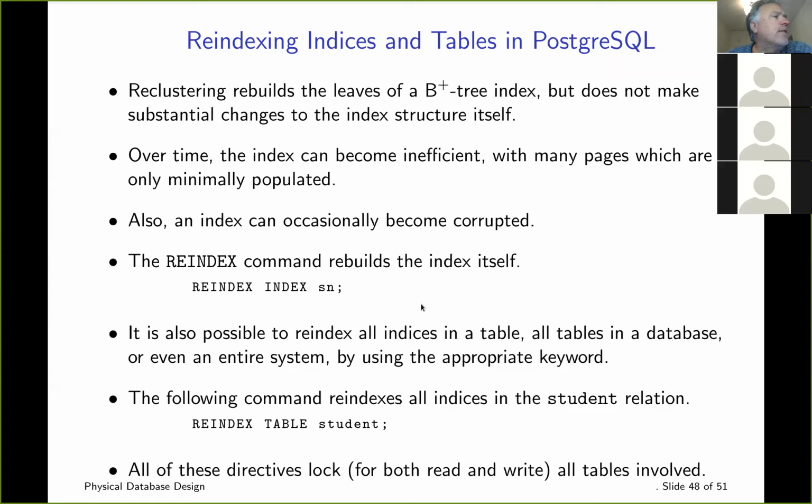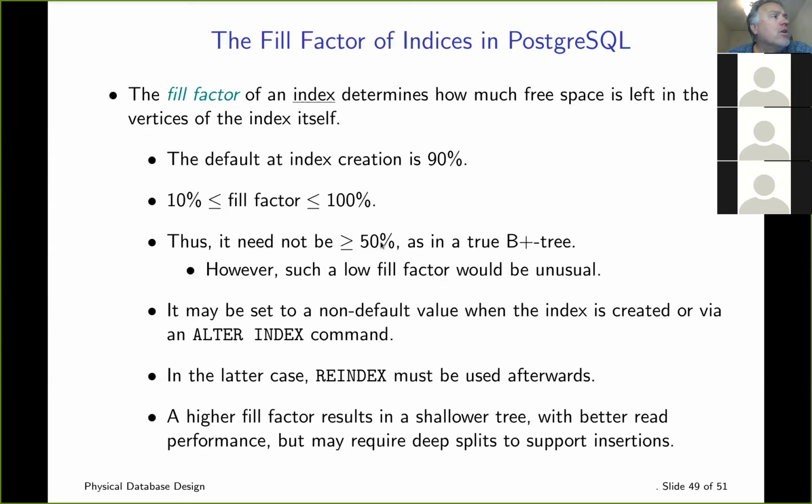You can also start messing with the fill factor. What Postgres is using is a bit more of a generalization of the B+ tree, so it's not that exact half-full condition that we have. That was more the initial B+ tree, but they are altered.